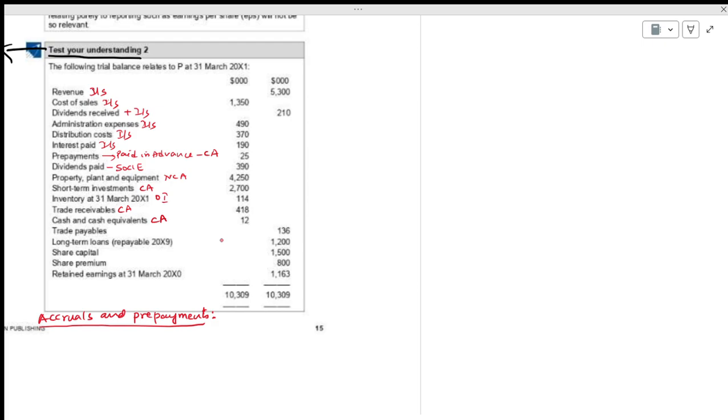Trade payables, current liability. Long-term loans, long-term, non-current liability. Share capital, statement of changes in equity. This is also statement of changes in equity.